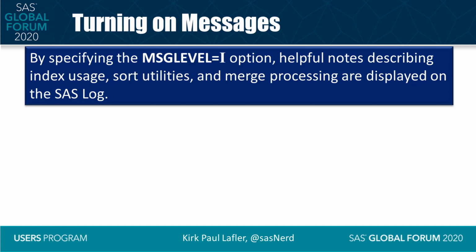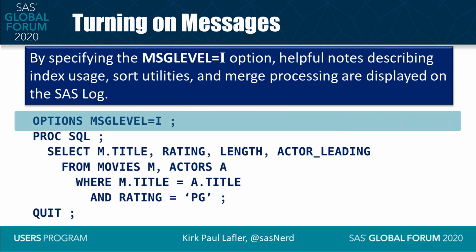If we don't specify options message level equal I, and this goes with anywhere in the SAS system, whether we're using SQL or a data step or anything, this is the only way we can determine and have it displayed on the SAS log which index, if any, the optimizer has chosen for us.